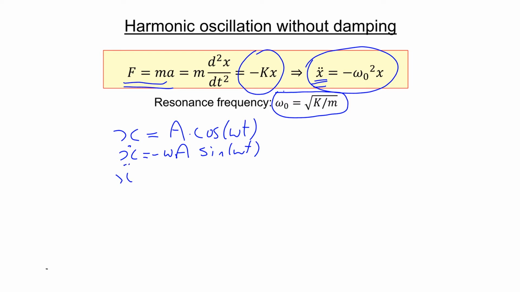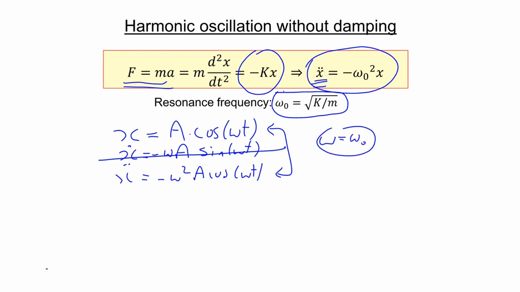The second derivative is minus omega squared A cosine omega t. And you see that these are very similar, so you easily find that this is indeed a solution when you choose omega to be exactly equal to omega 0. So you find as a solution x is an amplitude A times cosine omega t.